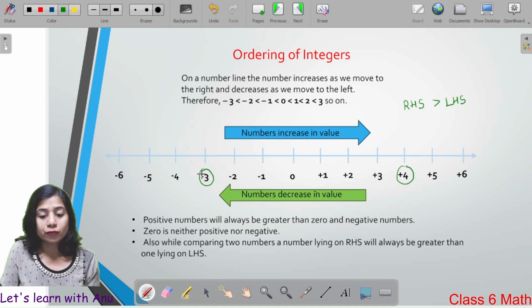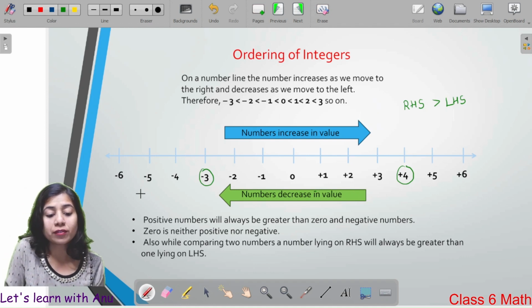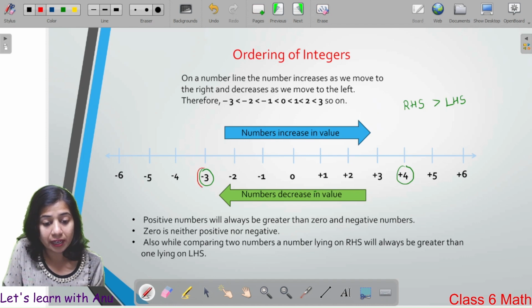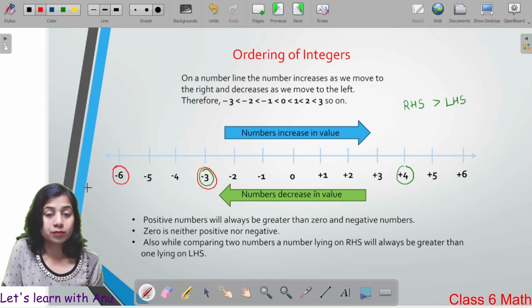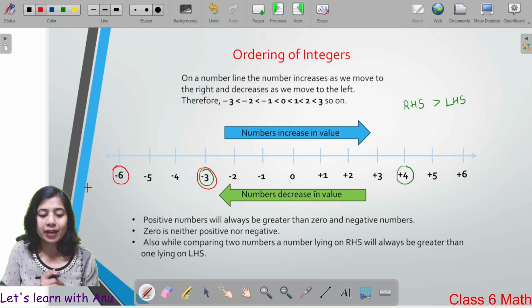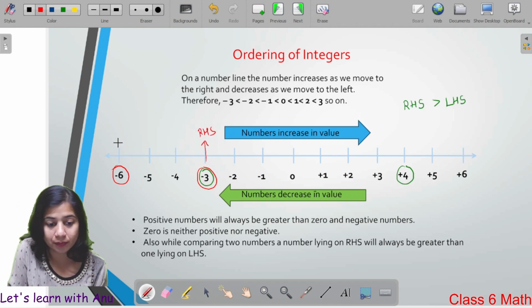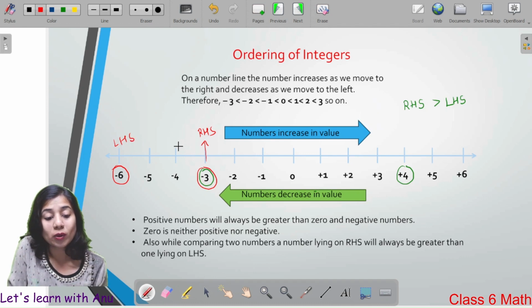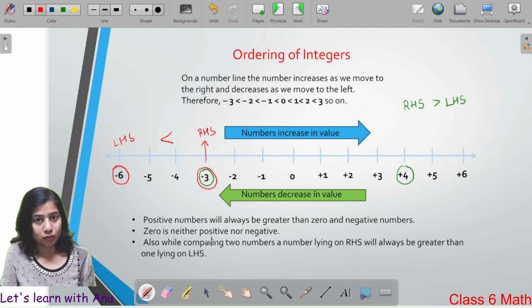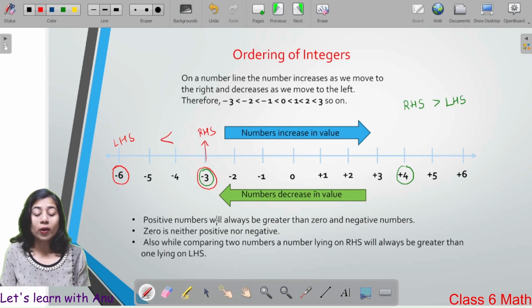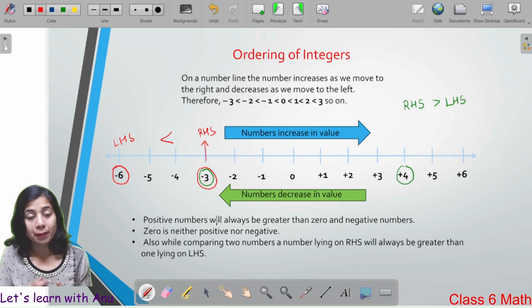And we can take other examples also, like if we have to compare -3 and -6, it's a little confusing, right? Because both are negative numbers. No need to get confused, because -3 is lying on the right-hand side as compared to -6, right? So which one will be greater? -3, right? So some points are there that we can remember, class.